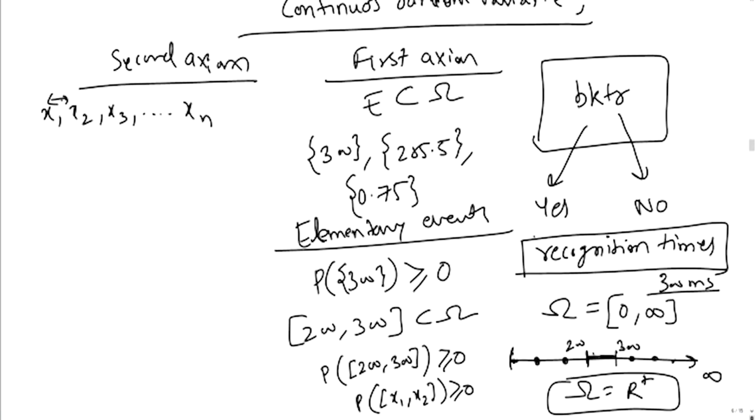Infinite. So according to the second axiom, the probability of x1 union x2 union x3 union xn should be equal to 1. So the probability of the union of each elementary event should be equal to 1.